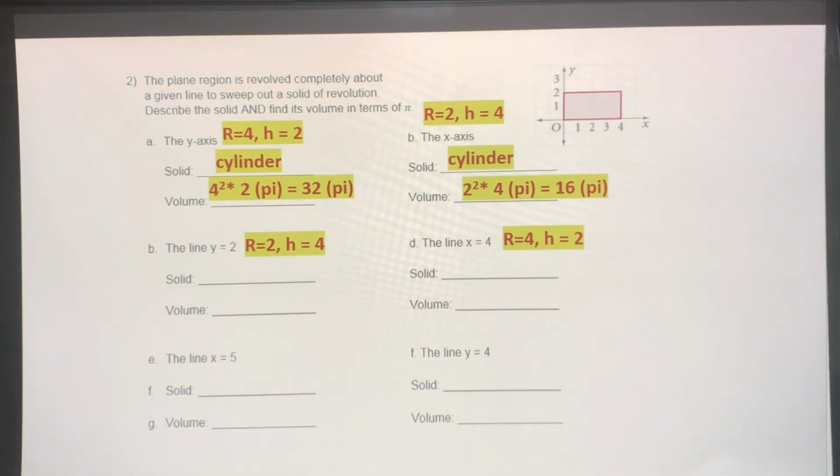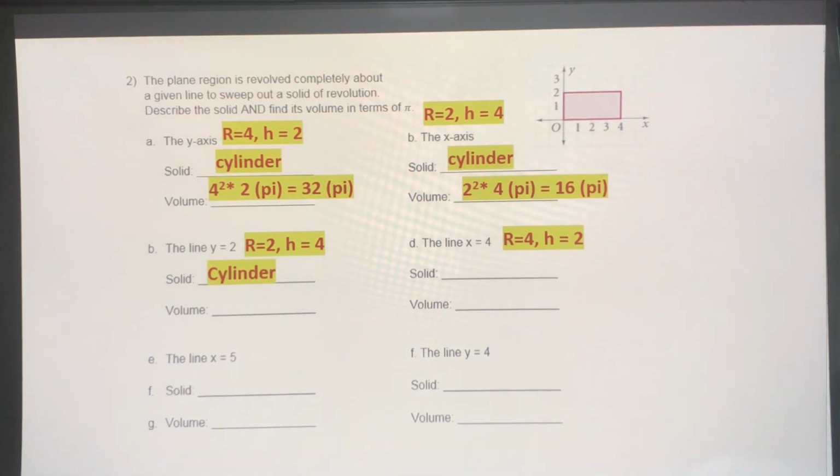All right, for example B down here, this other B, this should be example C, but it's labeled example B. So this third example on the bottom left here. The line y equals 2 is actually the top of the shape. And so what we're going to do now is rotate this thing upwards around the top portion.